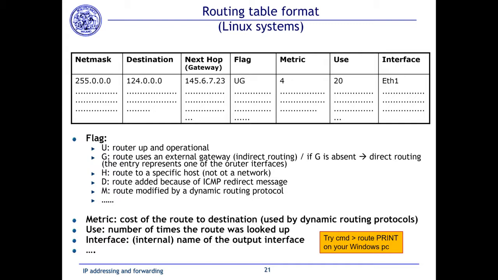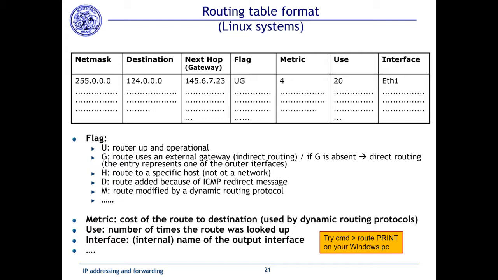So if you have a Linux system, the routing table displays in that way. You can see that there are several additional columns compared to the simplified vision that we had for the purpose of the examples.